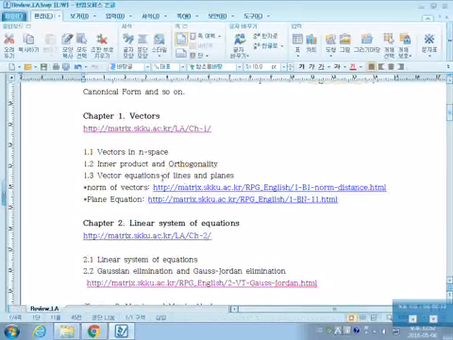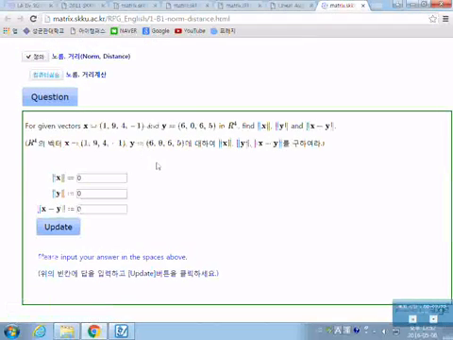Here we give some small examples. For example, here is a link for how to get the norm of vectors: given 2 vectors, what are the norms of x, y, and x minus y. So here we just put answers.